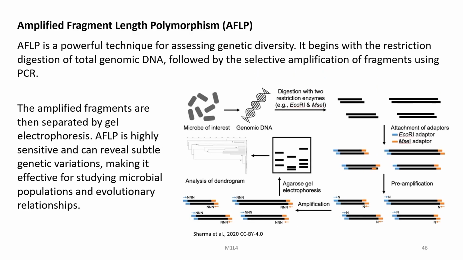Another method is amplified fragment length polymorphism. It begins with the restriction digestion of total genomic DNA. So, we first digest the genomic DNA using two restriction enzymes, EcoRI and MseI. Then we attach adapters to the two ends cut by the two separate enzymes.